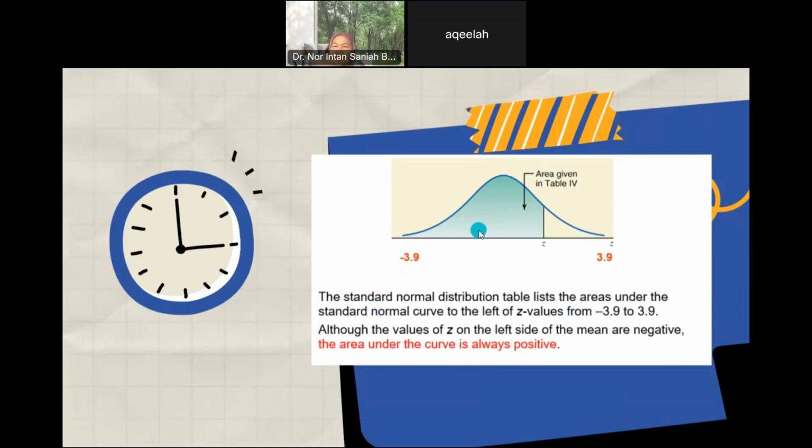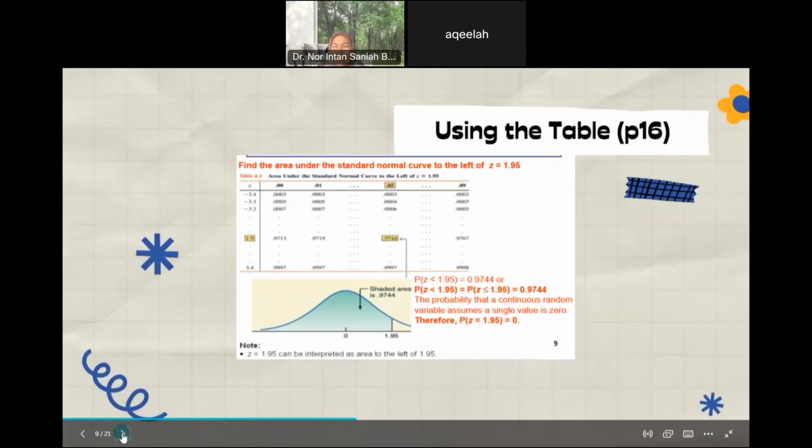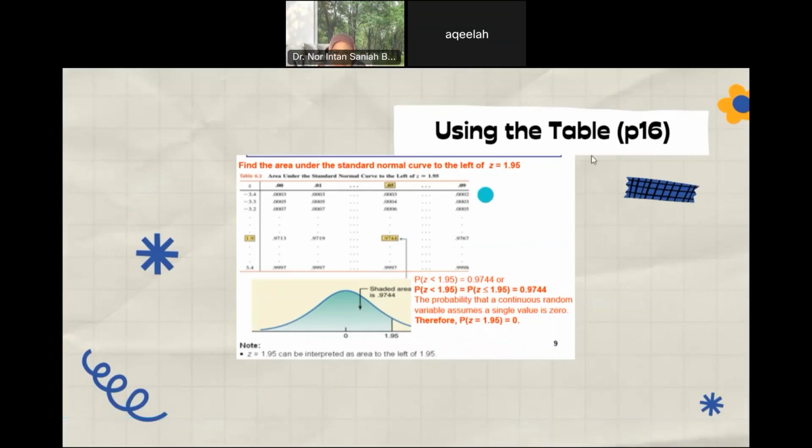The negative only indicates that they are on the left side and the positive is the right side. This table is located in your lecture notes on page 16. This table is for the standard normal distribution, and it includes values down to negative 3.4.